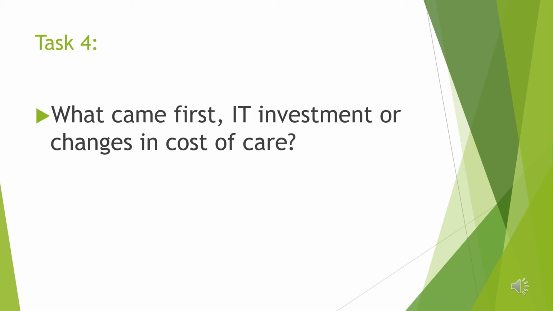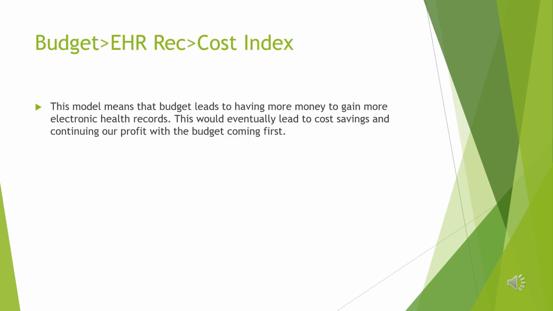Our next and final task is to figure out what came first, the IT investments or changes in cost of care. There are two models for this task. The first model is that having more money and a higher budget will mean we'll have more electronic health records, and that this will eventually lead to saving money and continuing profit.